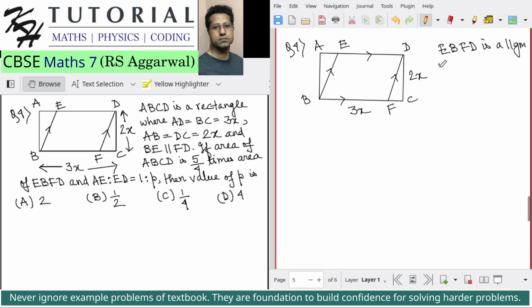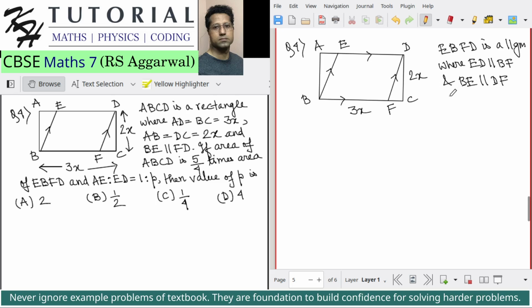Here we have ED parallel to BF and BE parallel to DF. BE is parallel to DF, this is given, and since ED is part of the side AD and BF is part of the side BC, ED will be parallel to BF. So EBFD is a parallelogram.